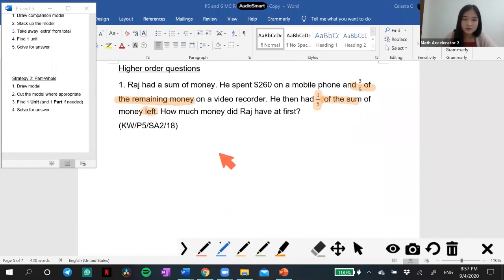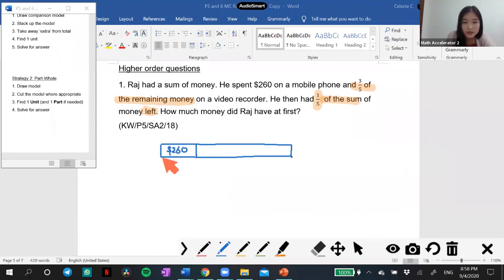Okay, so let's draw the model. This is all of his money. Alright, and he spent $260 on a mobile phone. So cut part of it for the mobile phone.